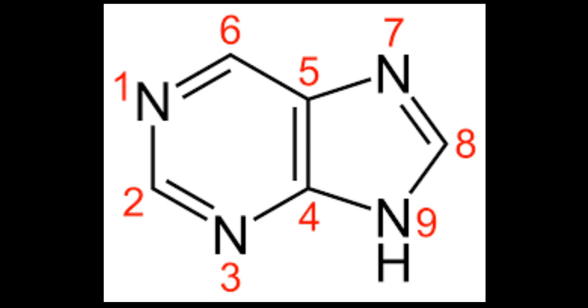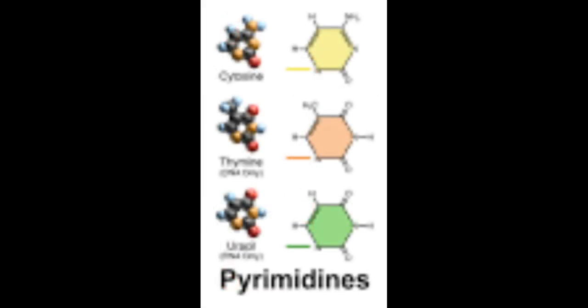Adenine and guanine are 2 purines. And cytosine, thymine and uracil are pyrimidines. In DNA, thymine and cytosine are present and uracil is found in RNA. Pyrimidine is also a heterocyclic compound.